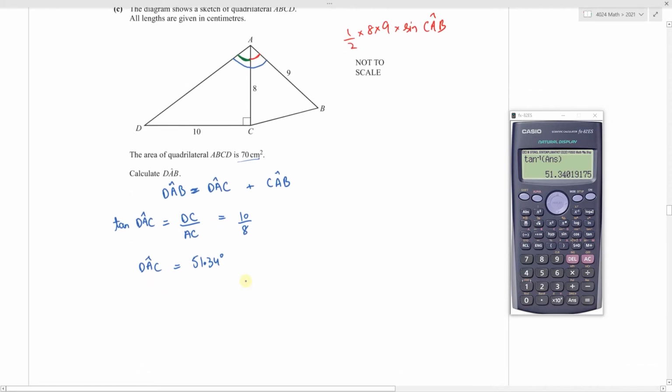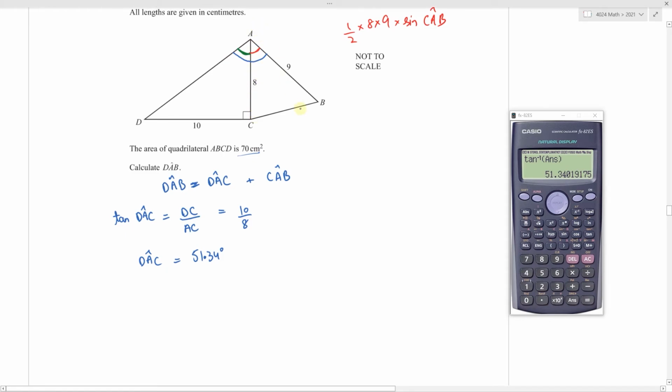Now I need to calculate the red angle here, which is CAB. To calculate this angle CAB, I will use this area. So the area of ABCD is the area of triangle ADC plus the area of triangle ACB.